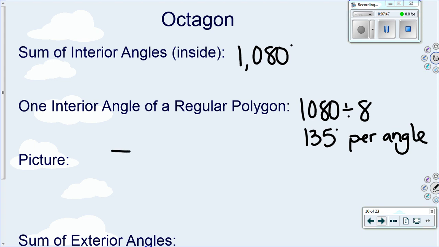I'm going to go ahead and draw my octagon. Well, I'm going to try. There's my 8 sides. And the sum of my exterior angles equals 360 degrees.